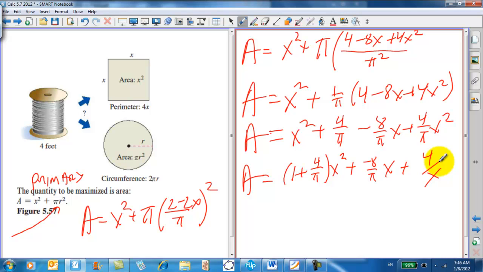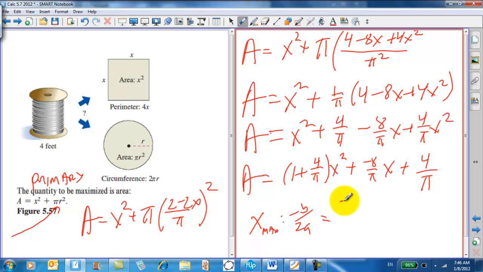(1 plus 4 over pi) x squared plus negative 8 over pi times x plus 4 over pi. And I just bring that up because you don't always have to use calculus if you recognize that this is your old friend, the parabola. It's a quadratic function, and the maximum will occur at negative b over 2a.